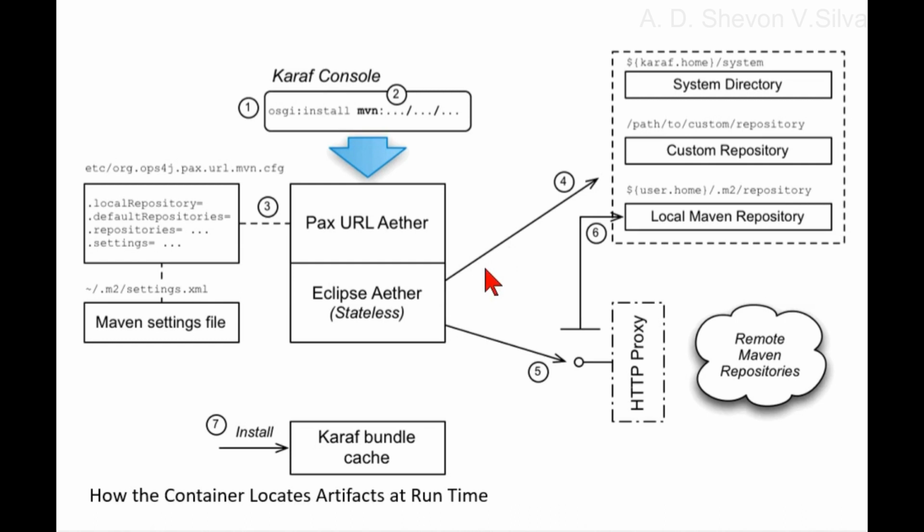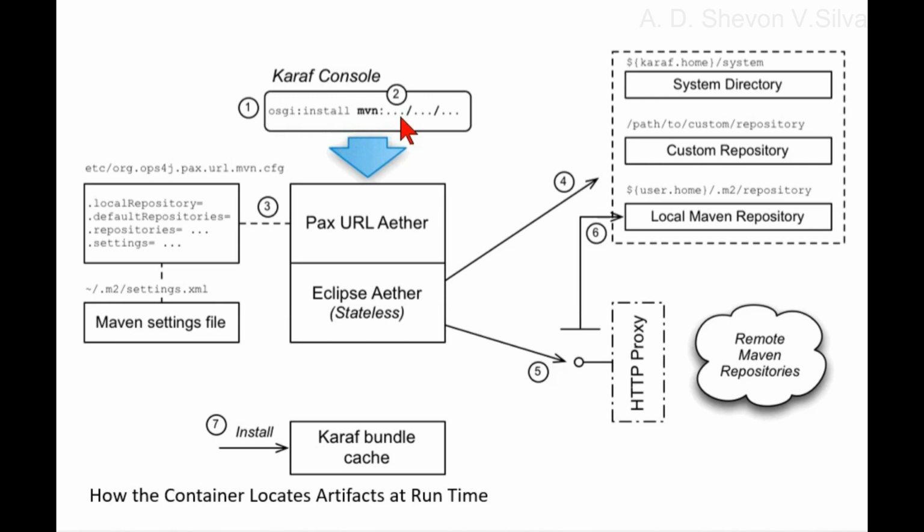The steps followed to locate the required Maven artifacts are as follows. Step 1: the resolution of a Maven artifact is triggered when a user invokes the osgi:install command on the Maven URL, or if a user invokes the features:install command on a feature that references some Maven URLs.